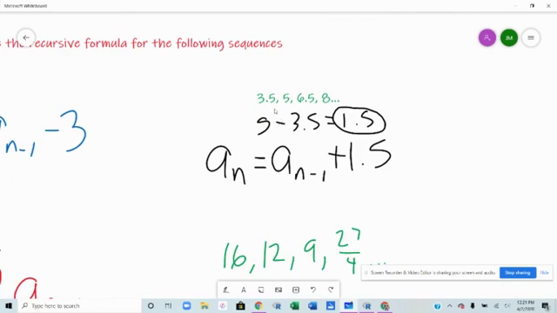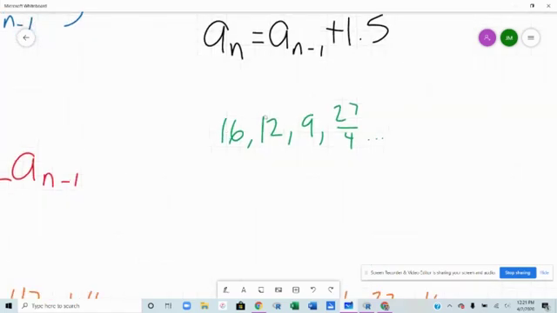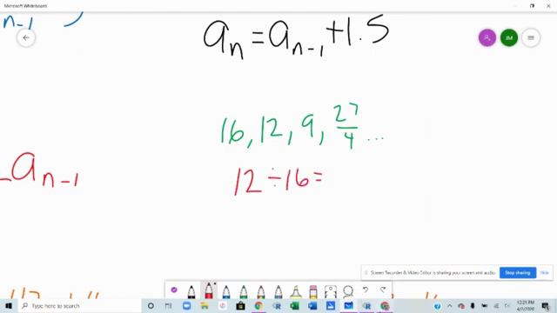Arithmetic should be adding each time, so the reason we subtracted is because we went backwards. Geometric is supposed to be multiplying to get to the next one. So if we're going to start with 12 and go backwards, we need to divide by the number before it to see what our common ratio is.